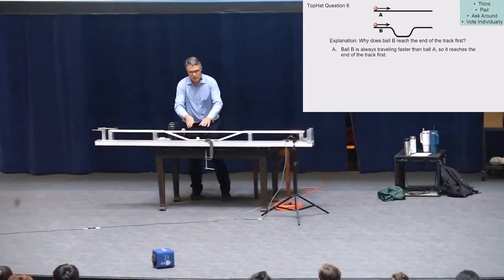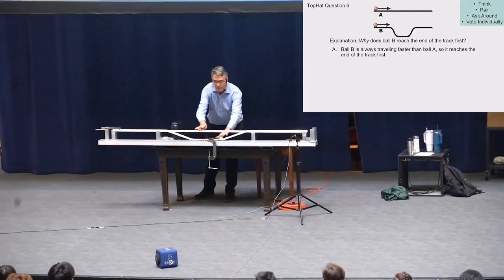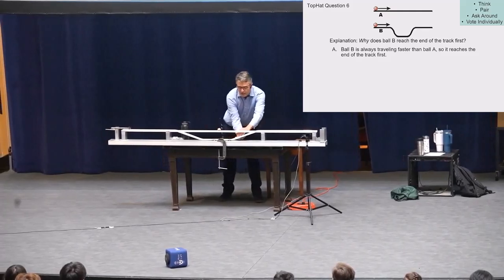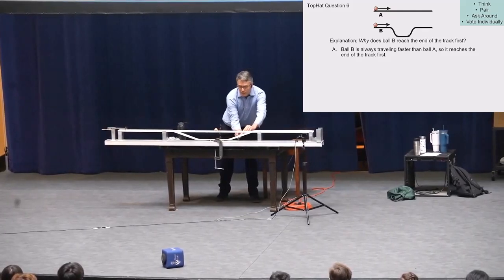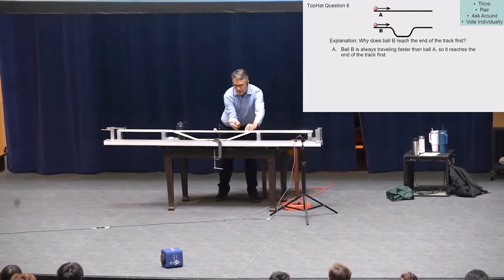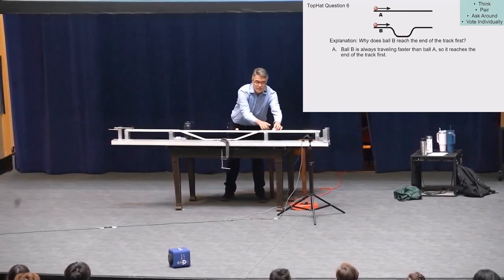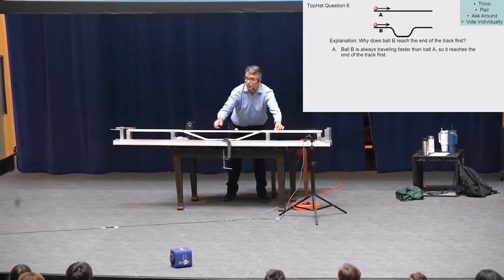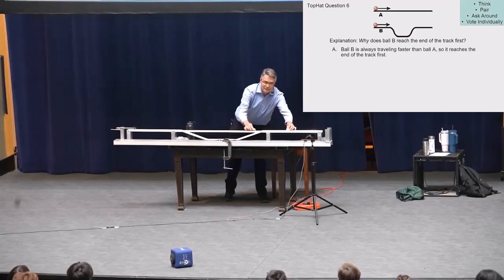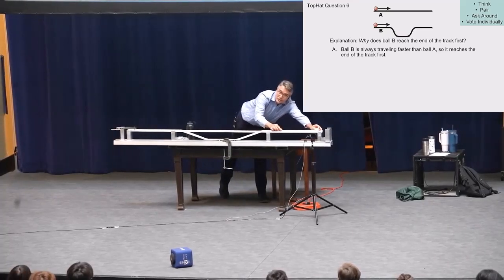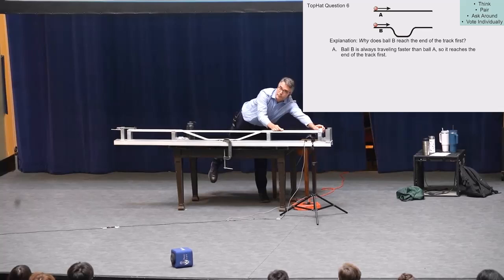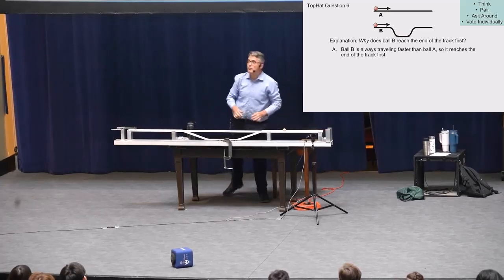So while this one's on the lower path, it's going faster than the one on the top path. Then, because it's coming back up, there's going to be, I guess, a negative component of the normal force, which will slow it back down, so that it'll end up at the same speed that it started with. But it's ahead. So this one never has a time to catch up. So it wins every time.